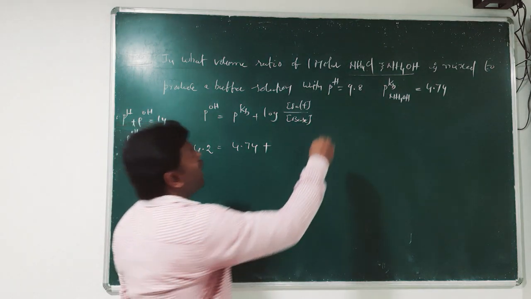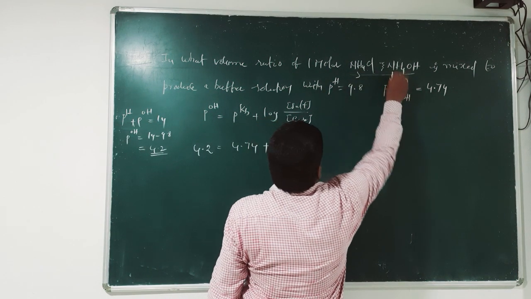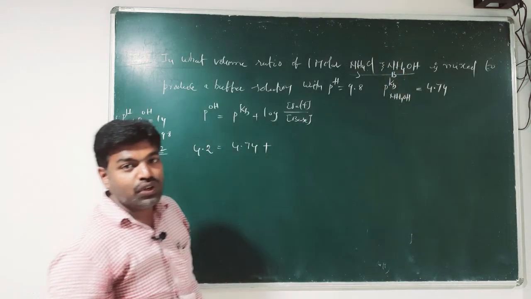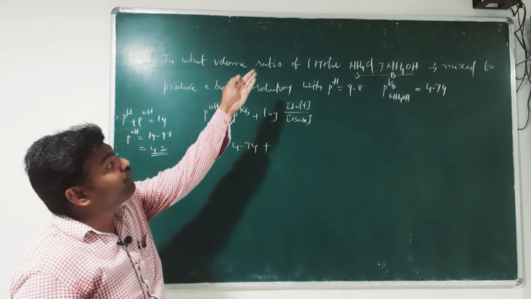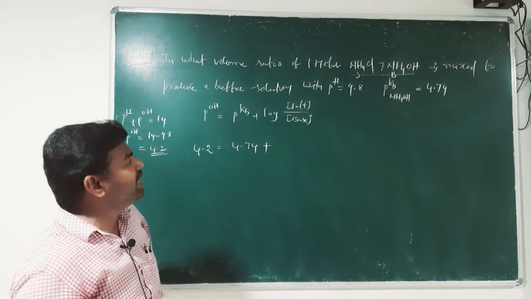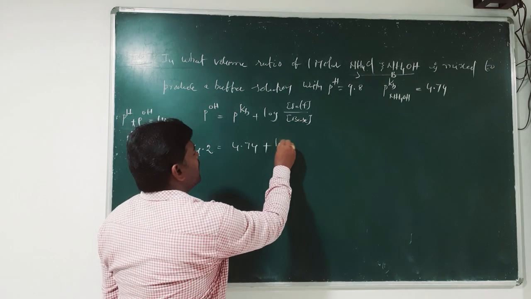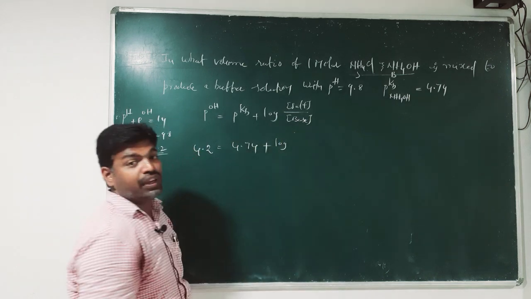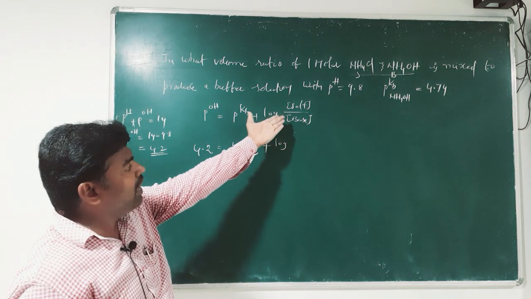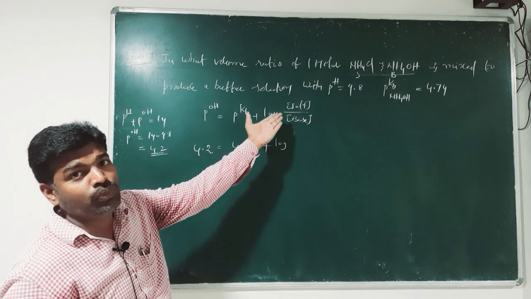And what they asked us to calculate is the volume ratio of salt and base. We have the formula in concentrations, but we do not have the formula for volume ratios.